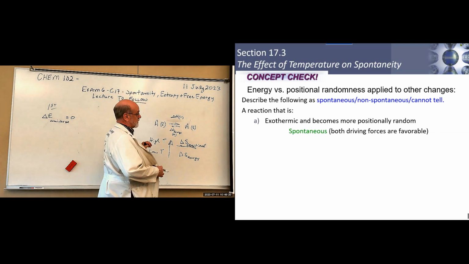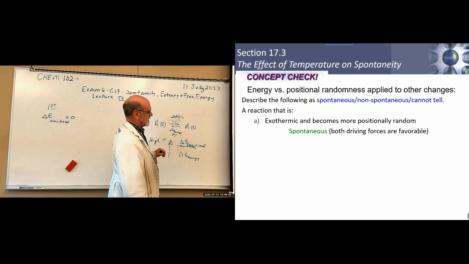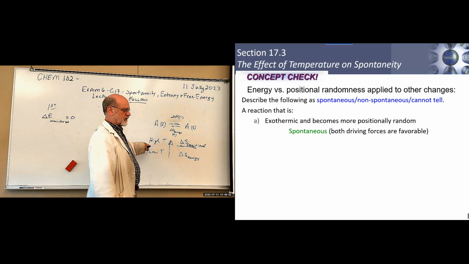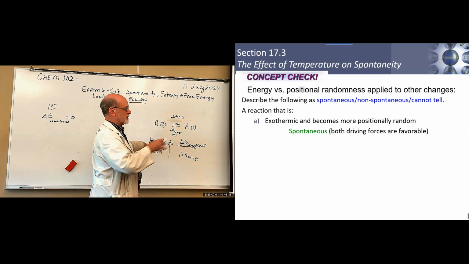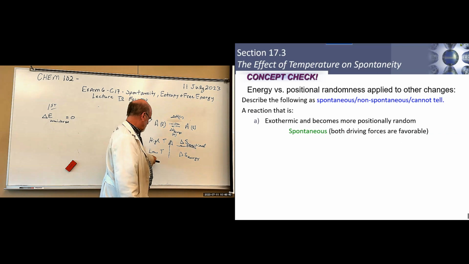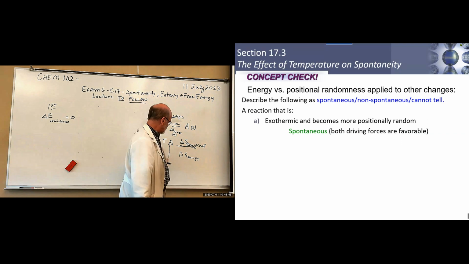All right. The answer is supposed to be spontaneous. Let's see if I can make sense of that. If it's exothermic, the system is decreasing its energy randomness, and the surroundings are increasing their energy randomness. So that should be down here in this region, low temperature.